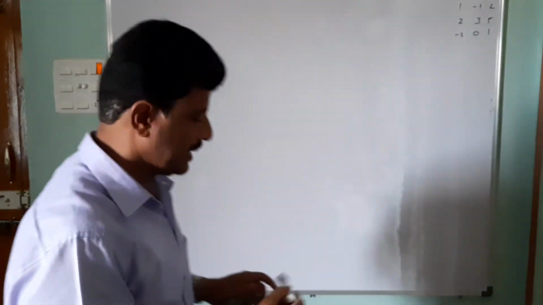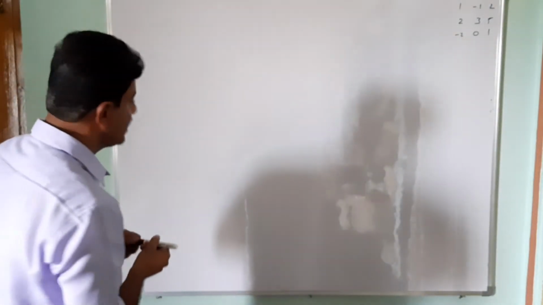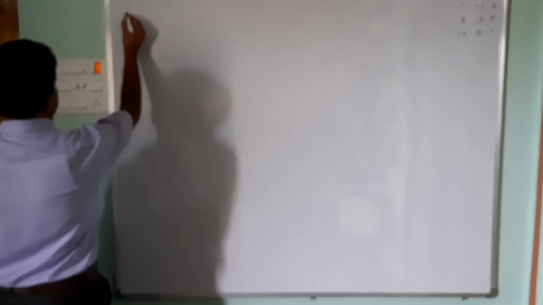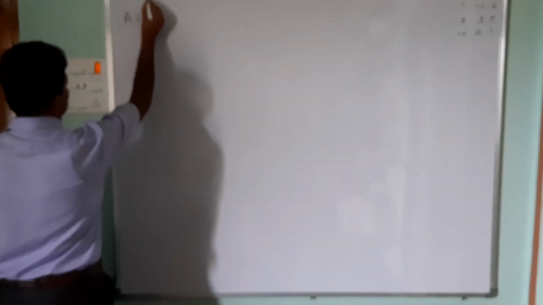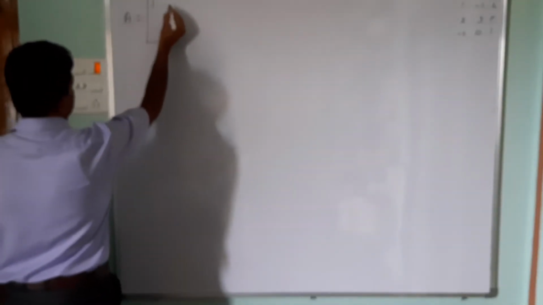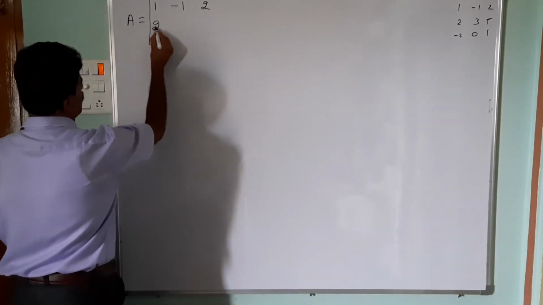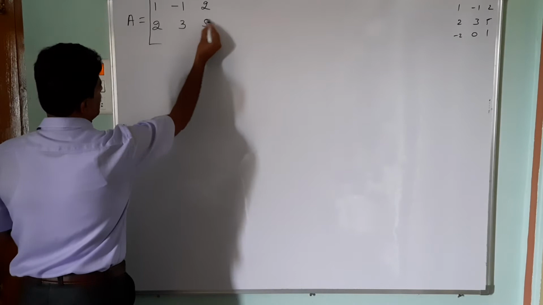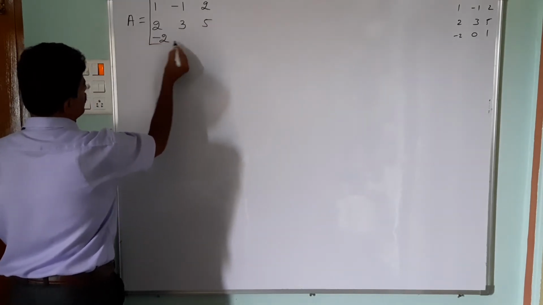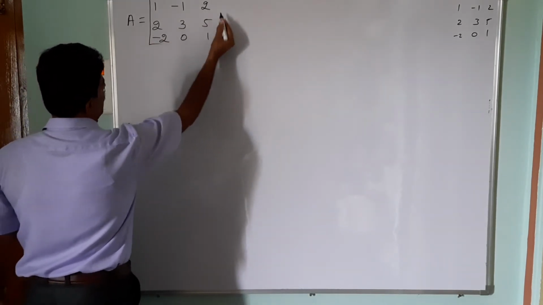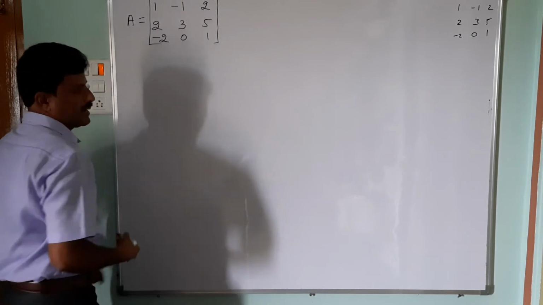Take a matrix from your textbook exercise problem. A is equal to 1 minus 1 2, 2 3 5, minus 2 0 1. This is matrix A.